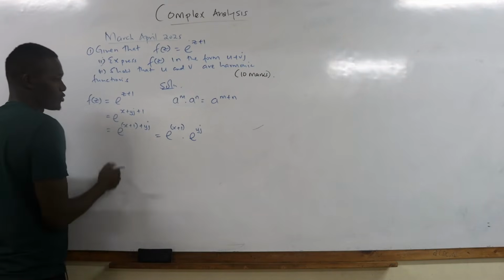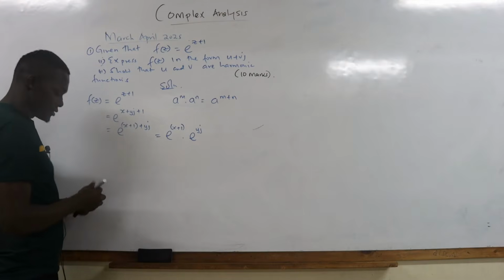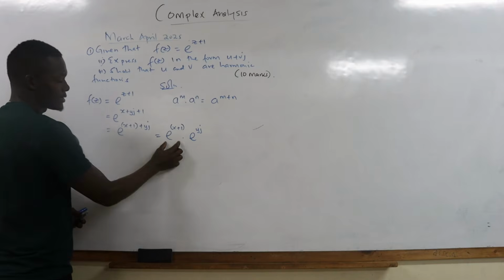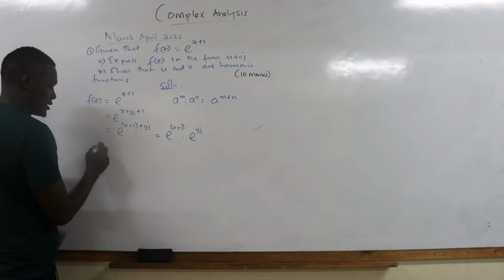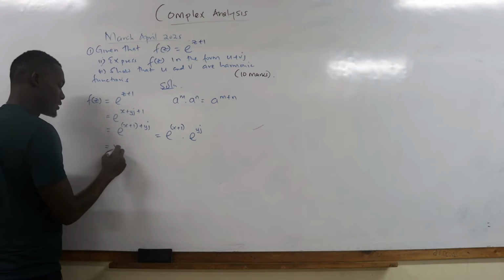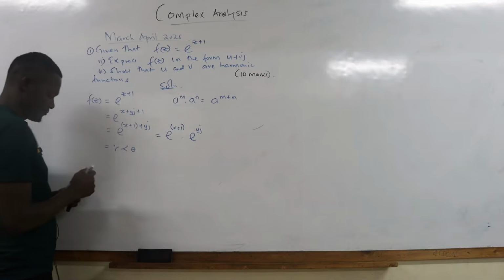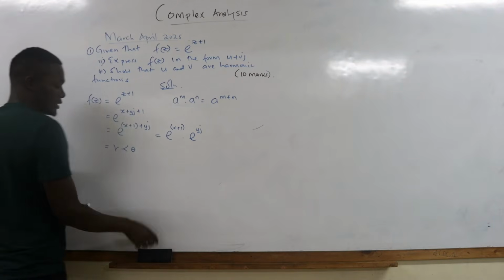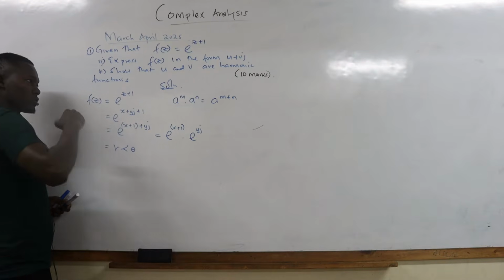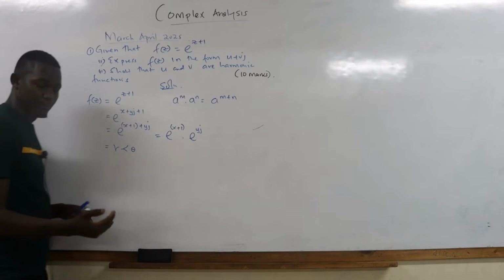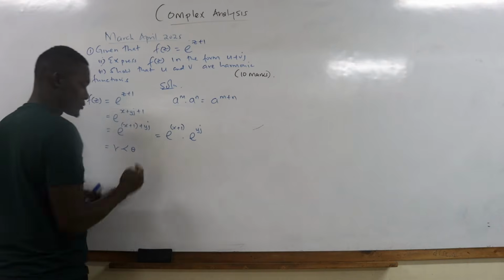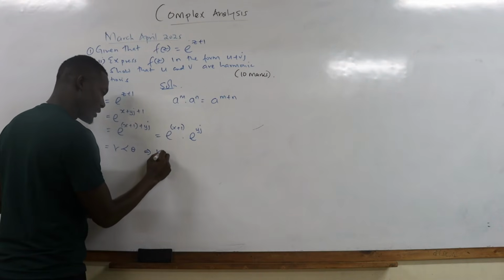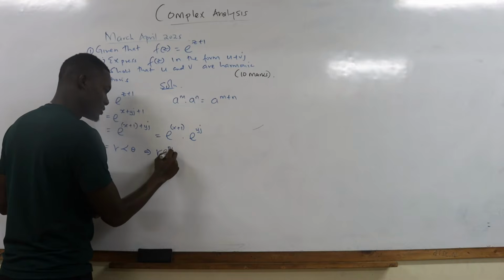Now, if you remember from the video we did previously, in polar form complex numbers are written in the form r theta. Are we together? Now when it goes to exponential form, it is written as r exponent theta j.